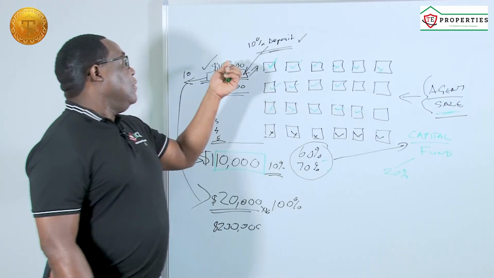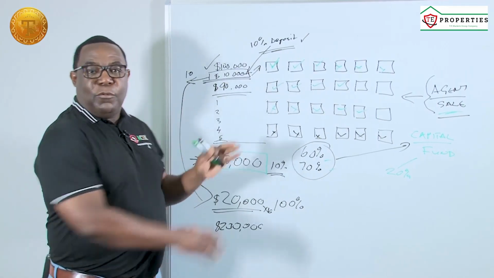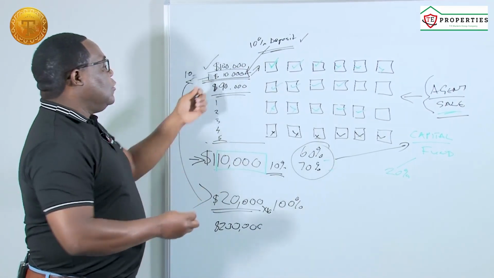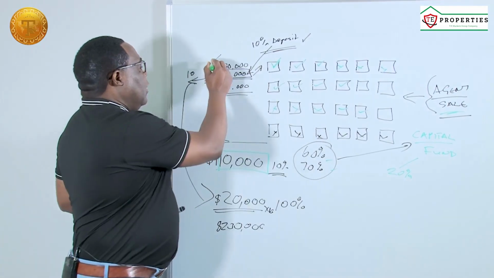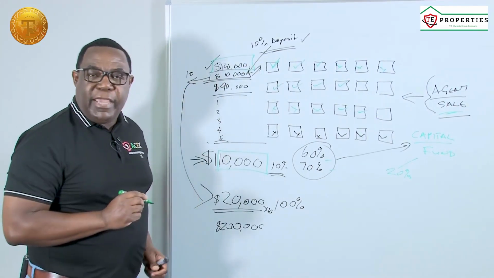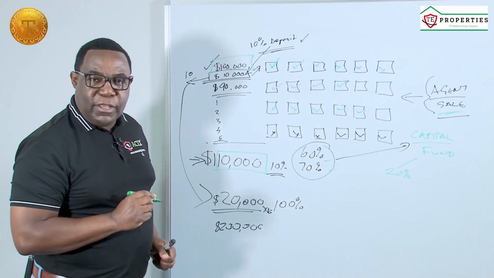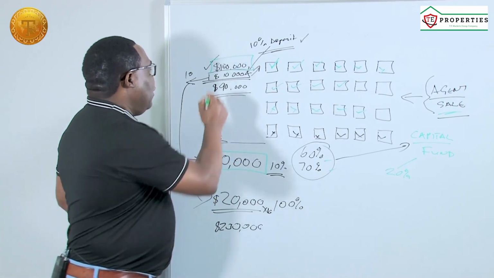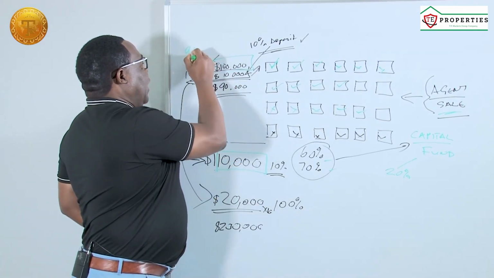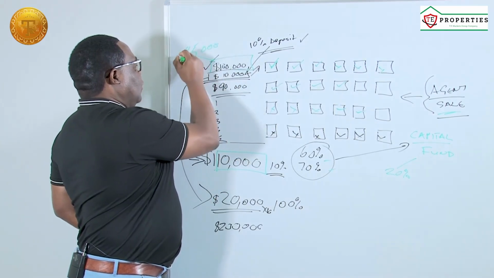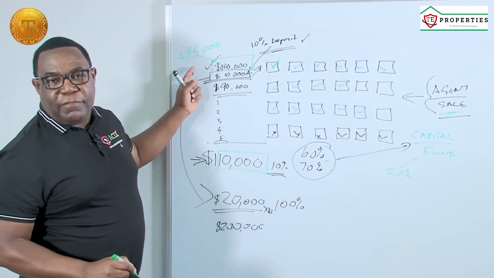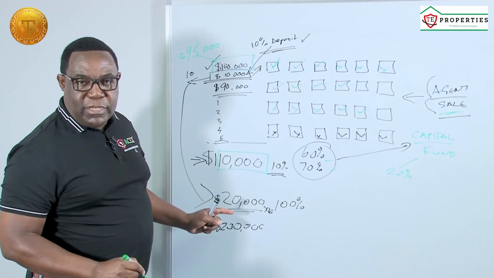Why? Because if that was the offer price and we are bulk buying, we could go to the developer, instead of paying the open price of $100,000, because it's a bulk buy, we might negotiate to buy at $95,000 a unit, thereby picking up another $5,000 in the transaction.